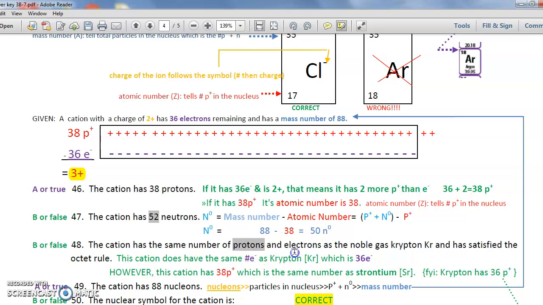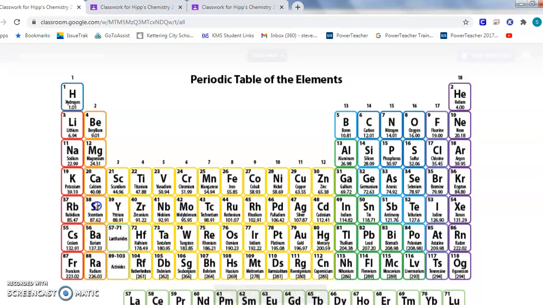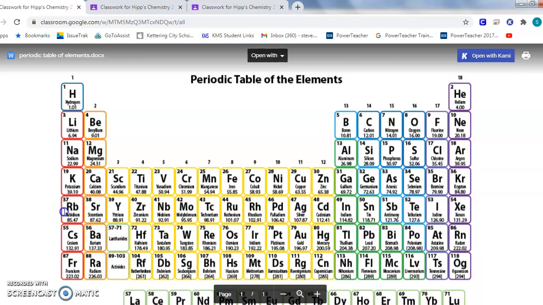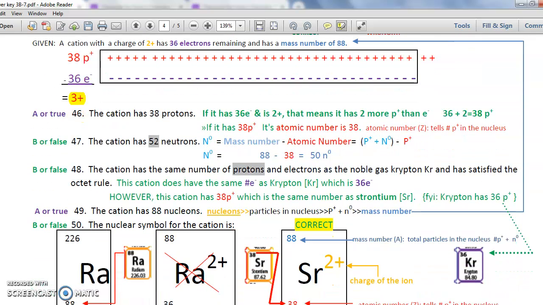Now, it could have the same number of electrons as krypton, and it does. 36 electrons is what it has. Krypton has 36 electrons. We said that this thing was 2+, so strontium starts out with 38 electrons, and it lost 2 electrons to have 36 electrons. So it couldn't have the same number of protons as krypton, or it would be krypton.